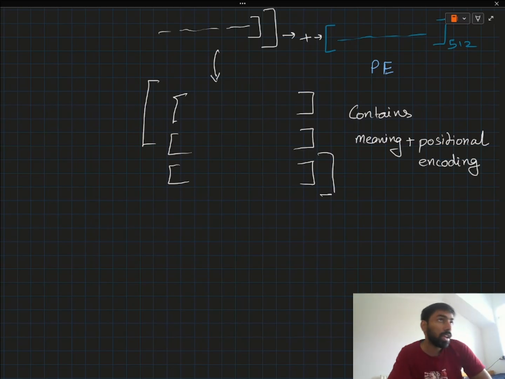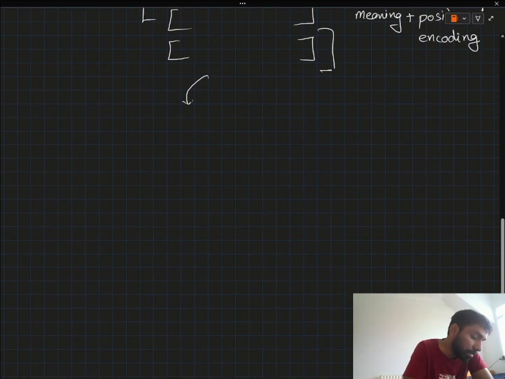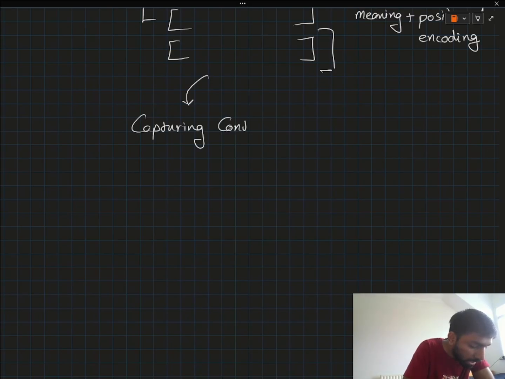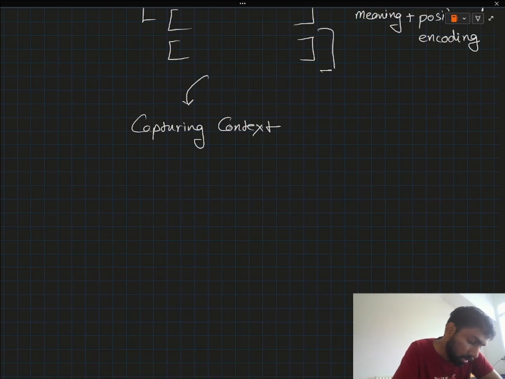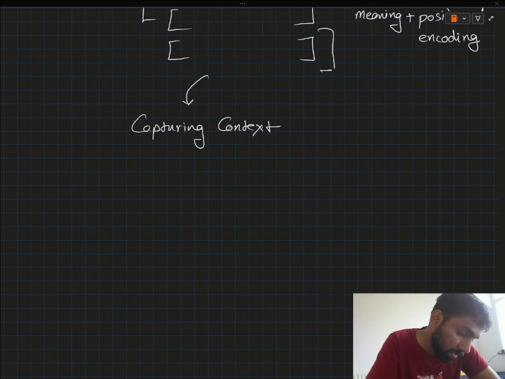Now that we have captured meaning and positional encoding, we'll move on to capturing context, which means every word is in reference to another word. Let me draw this with a yellow color.